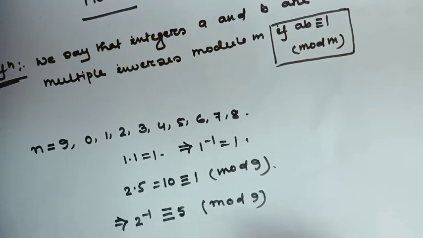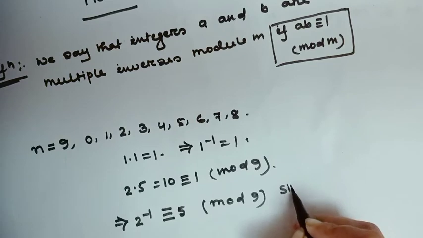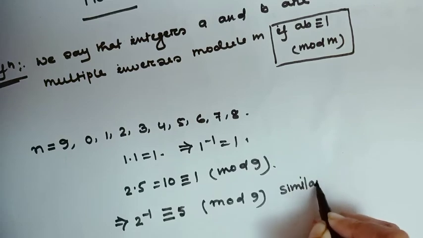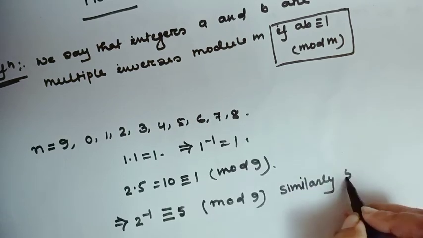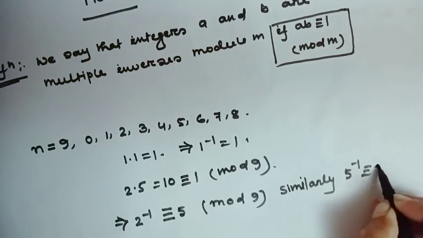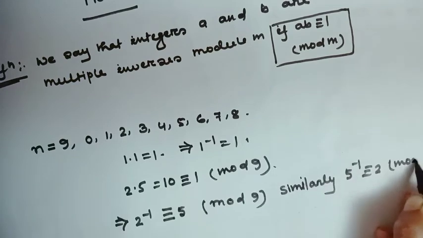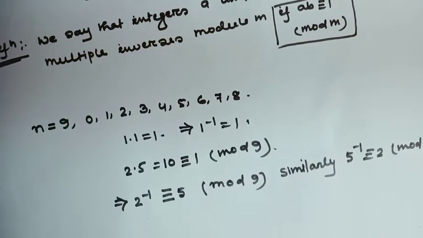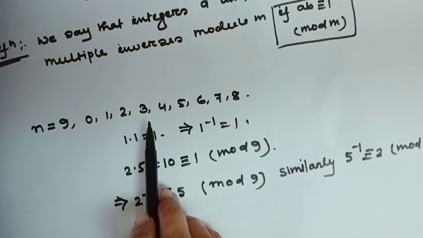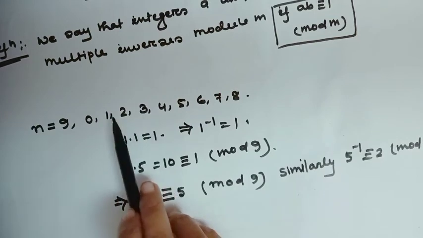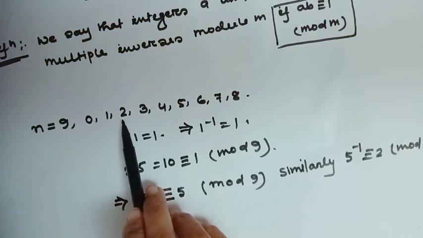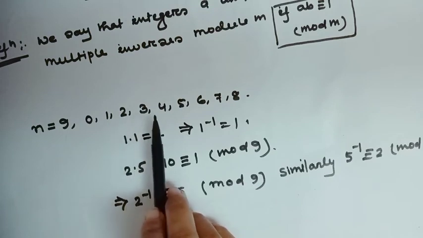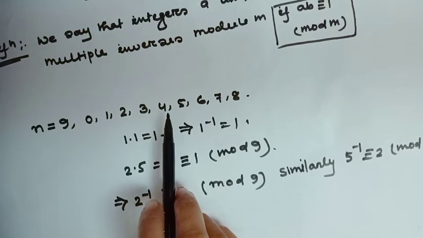Similarly, 5 inverse is congruent to 2 modulo 9. Now let's look at 3. 3 times 1 equals 3, 3 times 2 equals 6, 3 times 4 equals 12.